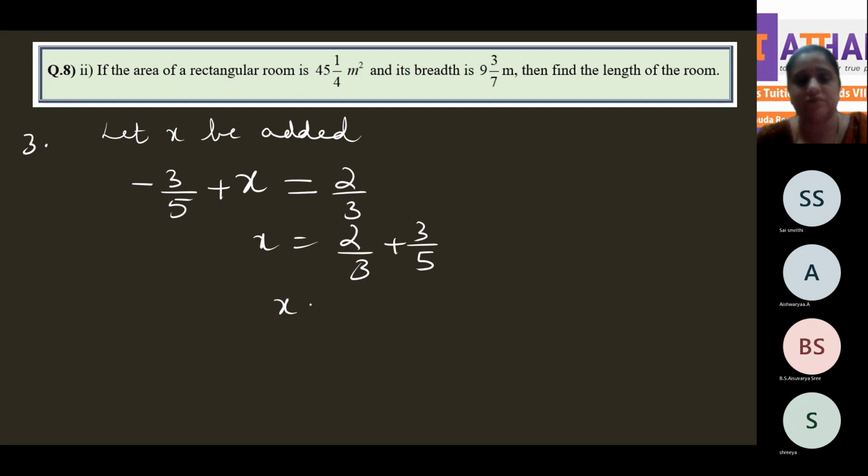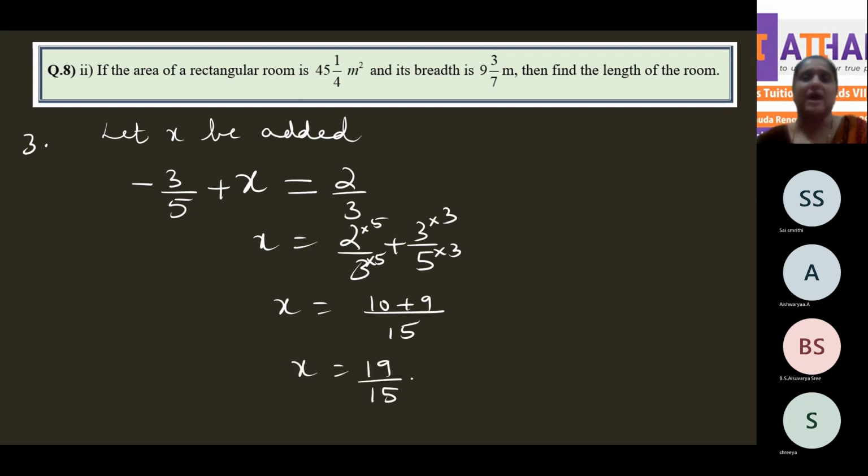Common denominator 15. So 3 into 5 is 15, so into 5 here. 5 into 3 is 15, so into 3 here. So 10 plus 9. x is equal to 19 by 15. So the number to be added is 19 by 15. Very good.